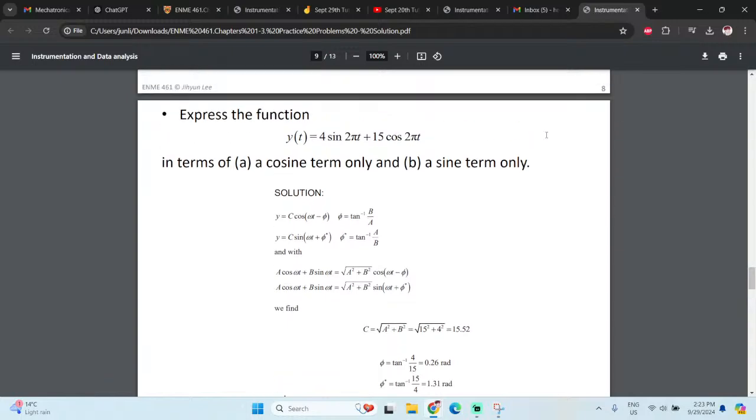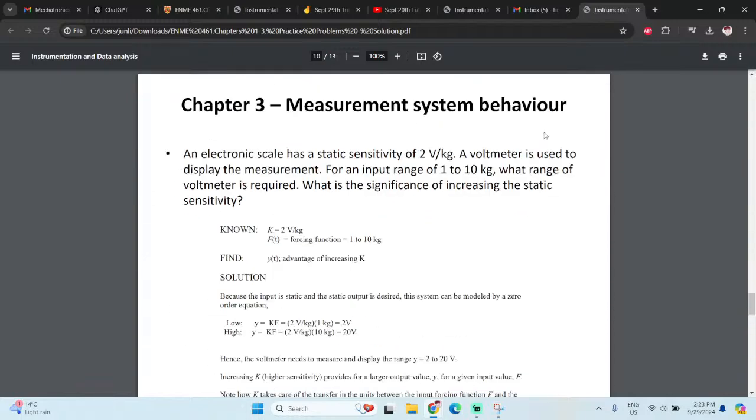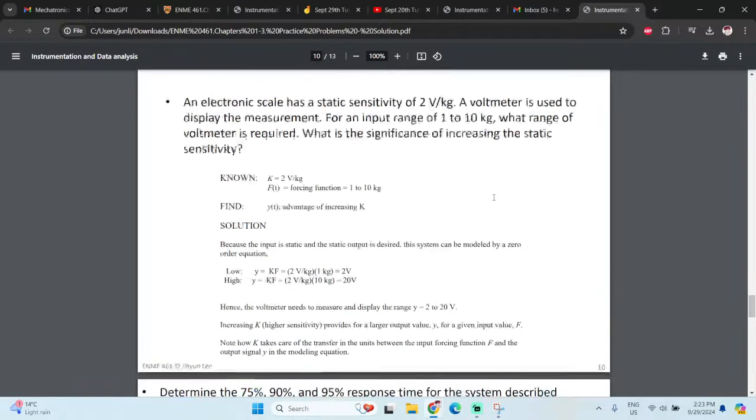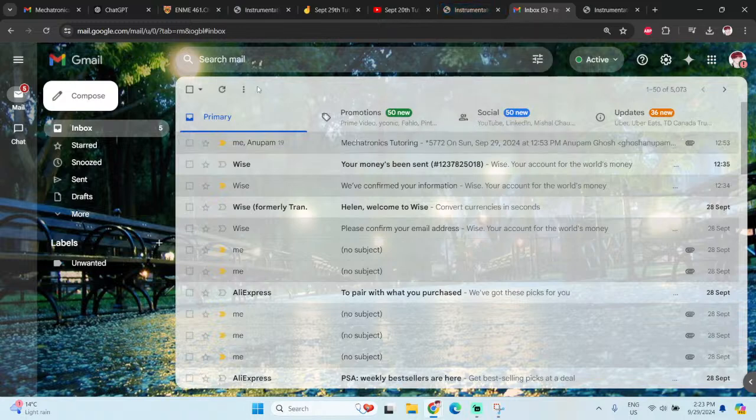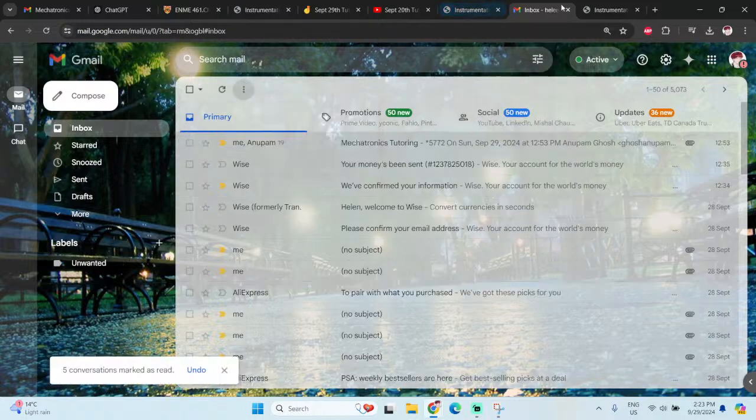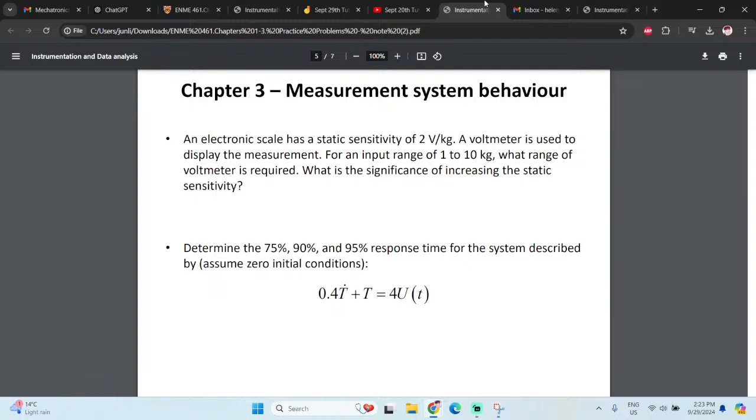You can say maybe three or four points: the resolution is improved, and the voltage range, which is the output, will get larger, and the accuracy will also increase. That's the third point.